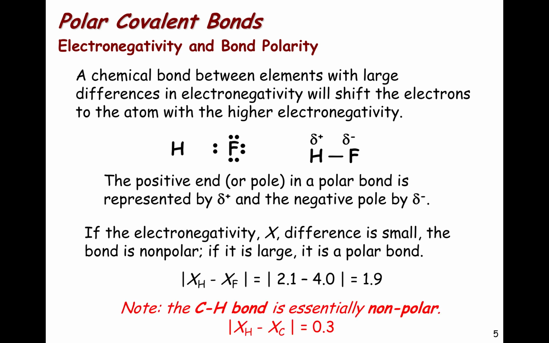This can be compared to the difference between carbon and hydrogen in a C-H bond, which is virtually zero. And so in essence, this would be a nonpolar covalent bond where there is complete sharing. So these are two classic examples of polar covalent bonds and nonpolar bonds.